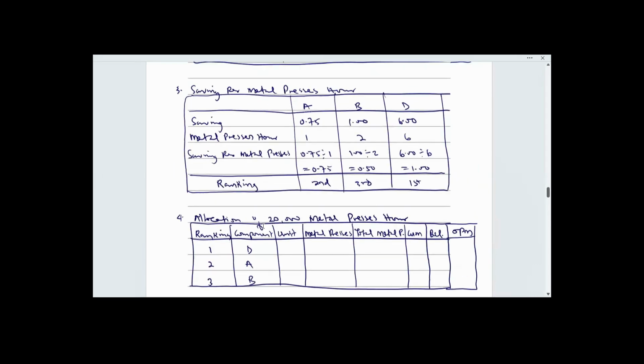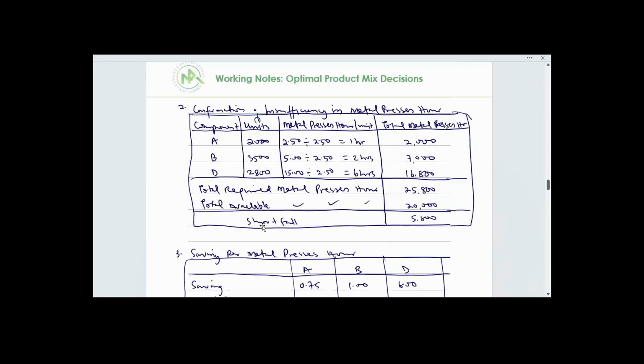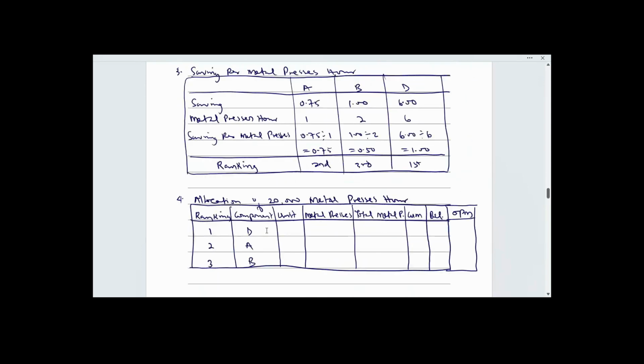Okay, so based on our ranking, component D is the highest, followed by A, then B. Units of component D: component D requires 2,800 units.